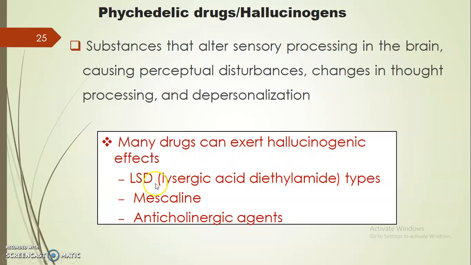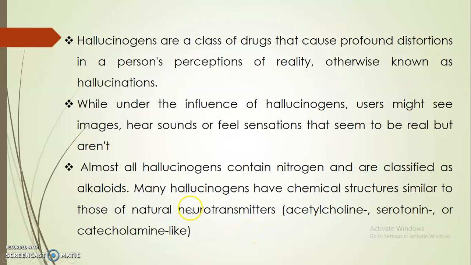For example, the drugs used are LSD, that is lysergic acid diethylamide, or mescaline, or anticholinergic agents. Hallucinogens are a class of drugs that cause profound distortion in a person's perception of reality, otherwise known as hallucination. While under the influence of hallucinogens, users might see images or hear sounds, or sometimes feel sensations that seem to be real but are not.